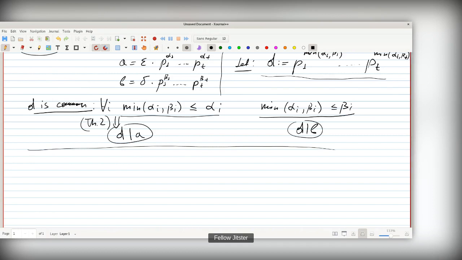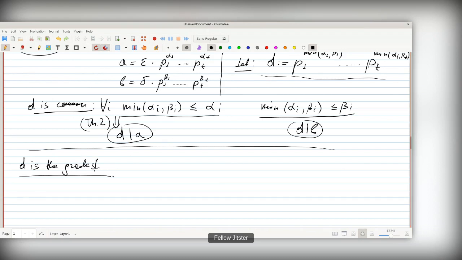And by the fundamental theorem of arithmetic, these exponents are uniquely determined. So D is indeed the common divisor of A and B.